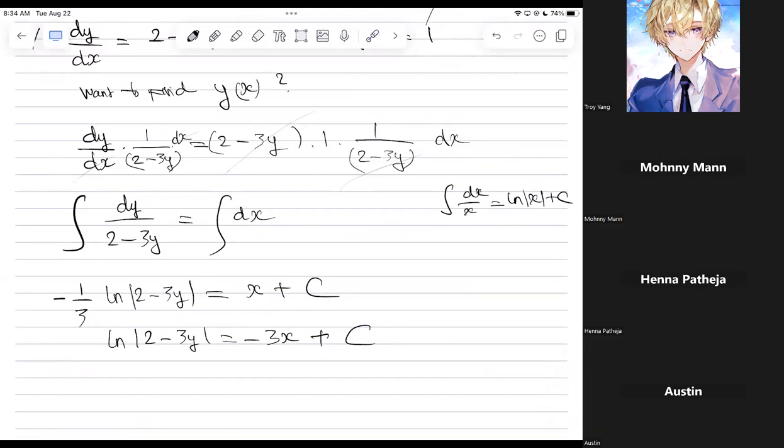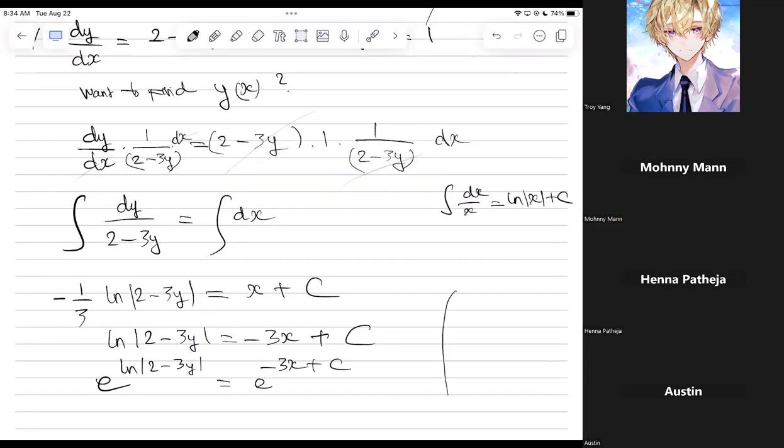Okay, how can I solve for y in this case? I have ln, right? So to find y inside the ln, I use a property of the logarithm function. I exponentiate both sides with e.